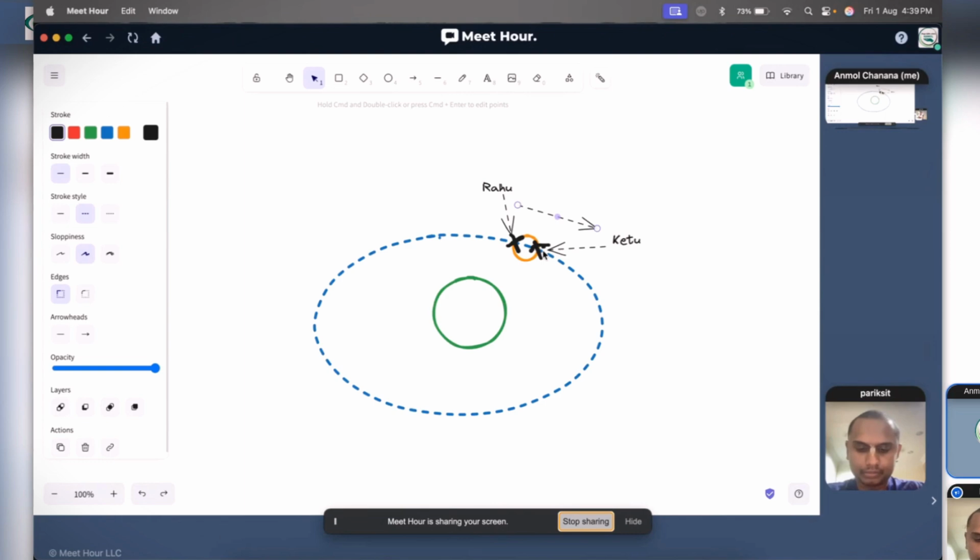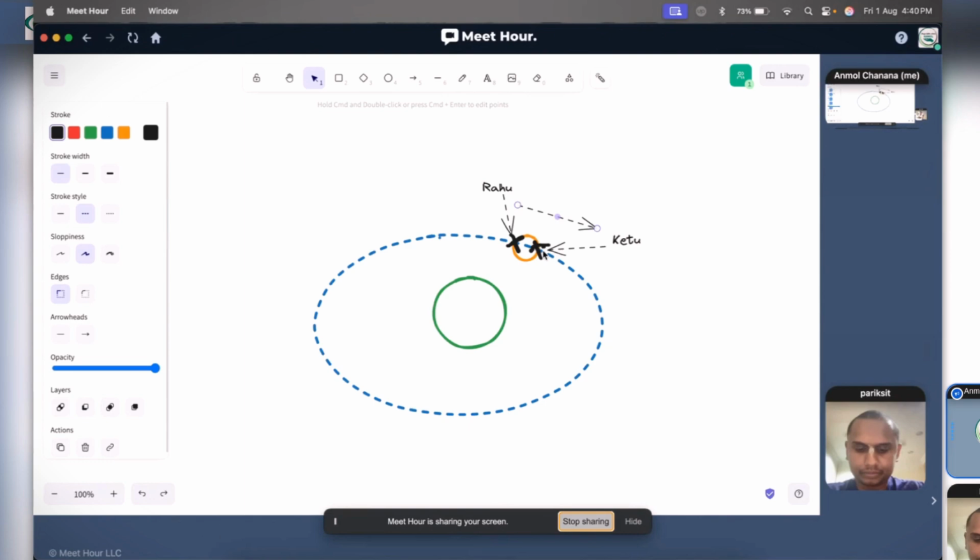Okay, so let's start with what exactly these planets represent in Vedic astrology. What is their nature? What element do they represent?